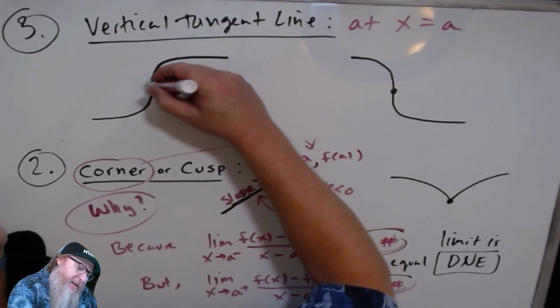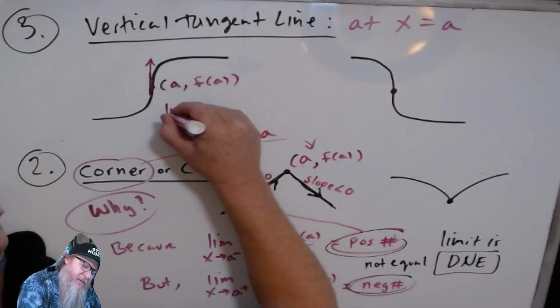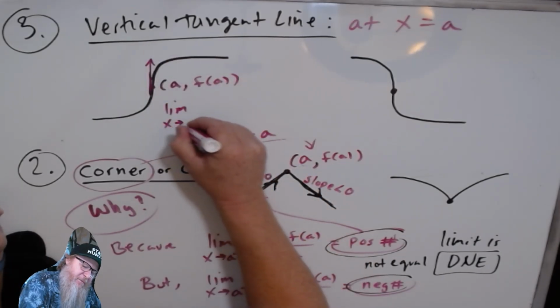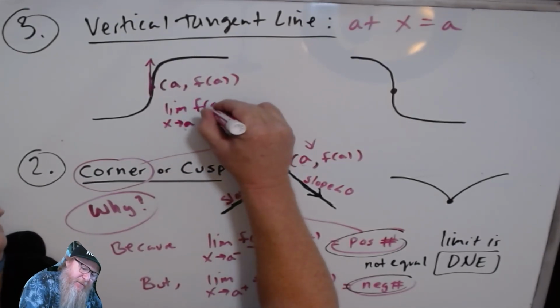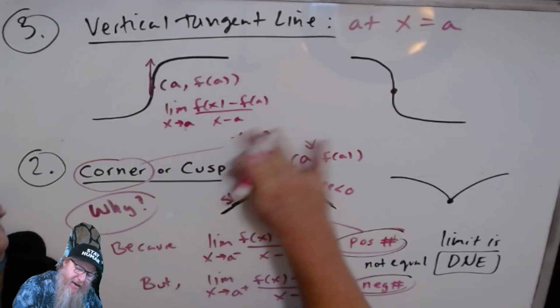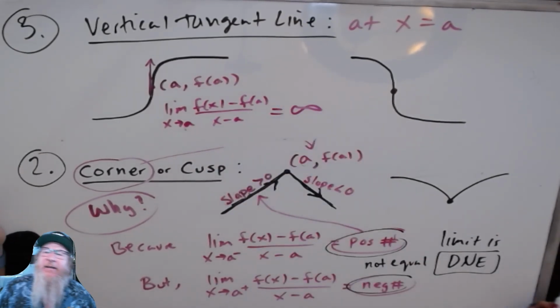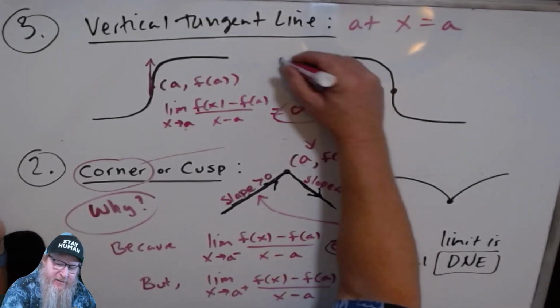And if you take the limit as x approaches A of f of x minus f of A over x minus A, that equals infinity, which technically does not exist.